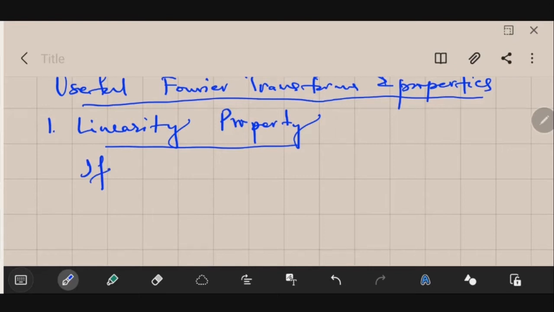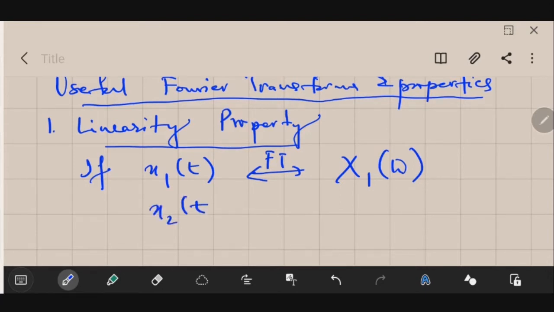So this property states here, if your x1 of t after your Fourier transform gives you capital X1 of omega, then, wait, there is another one. If your x2 of t is there and after the Fourier transform it is your X2 of omega.